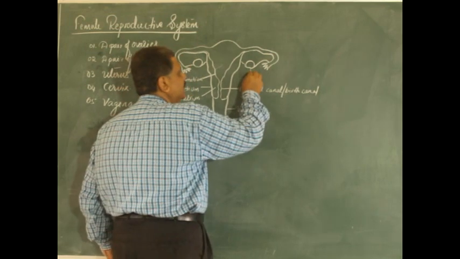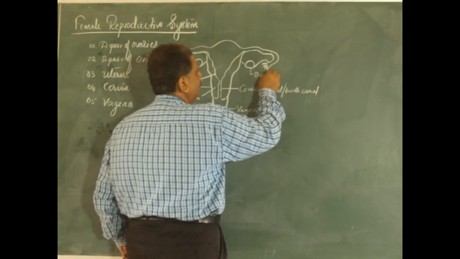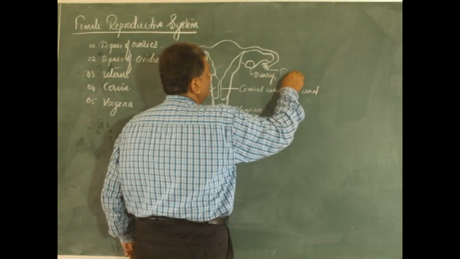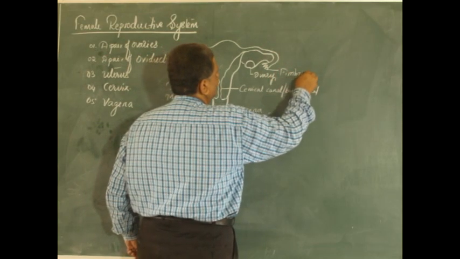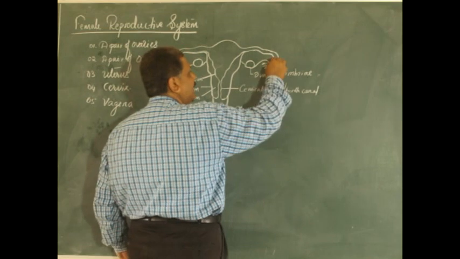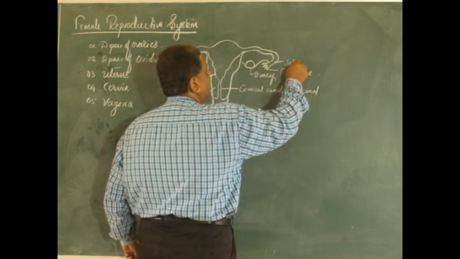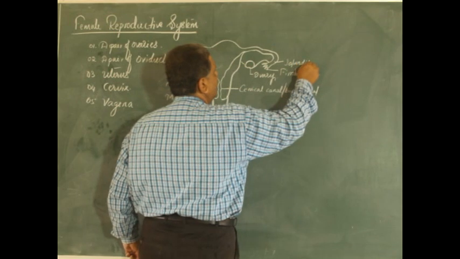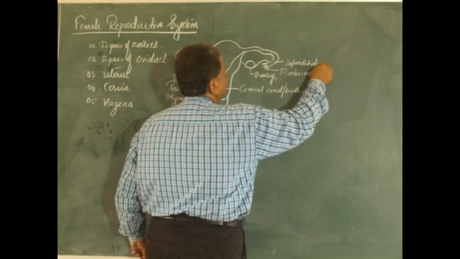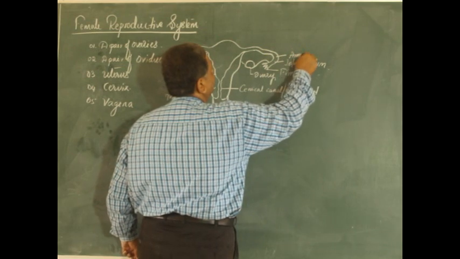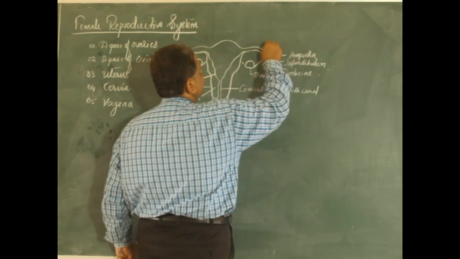Here, ovary, fimbriae, and this is called infundibulum, ampulla, isthmus.